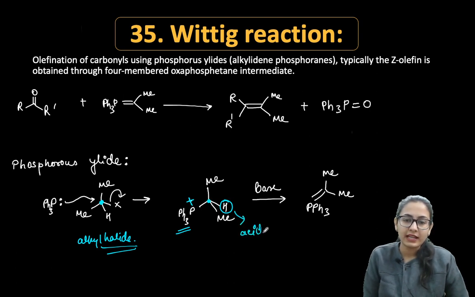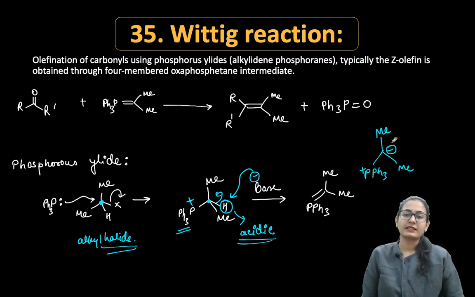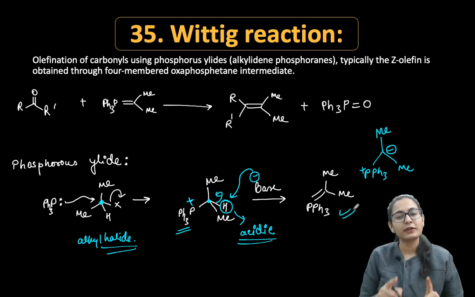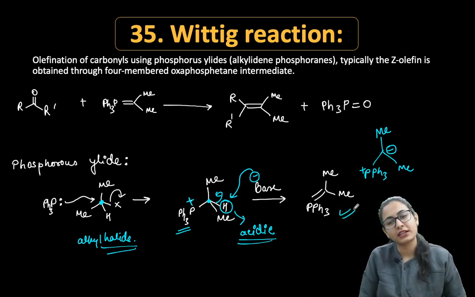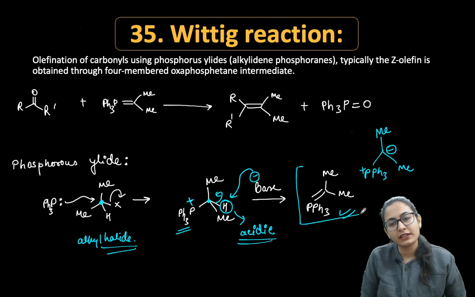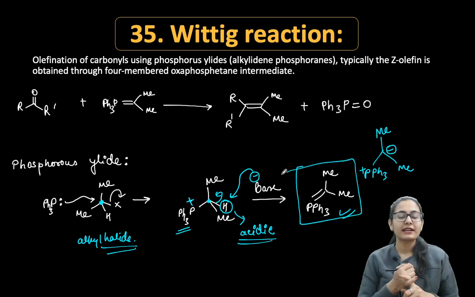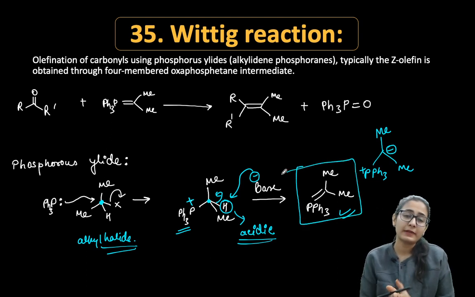Why does it become very acidic? Because if there is a base and the base is going to take away this proton, that would give a very stabilized carbanion, which we call the ylide basically. Okay, yes, this is what you call your ylide, and it could be written as a double bond also. It's the same thing. Okay, so first of all we learned how to generate the phosphorus ylide. It is going to be the same for the Appel reaction and the Corey-Fuchs reaction as well.